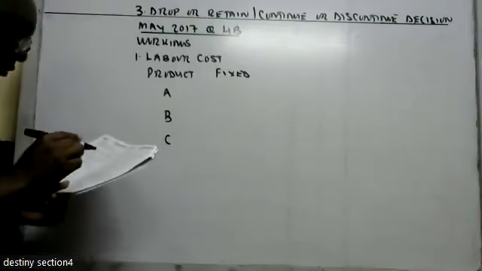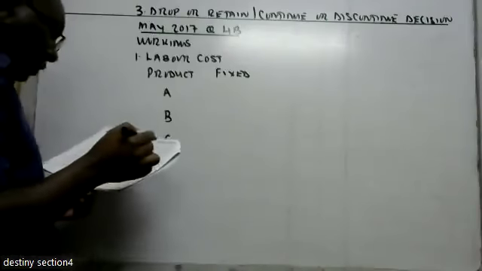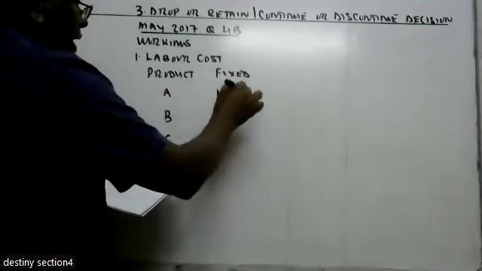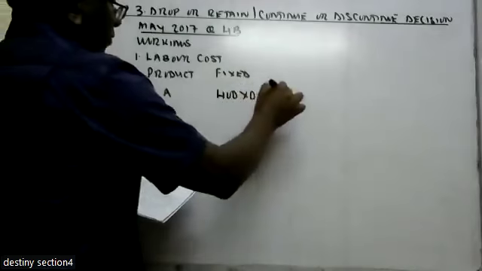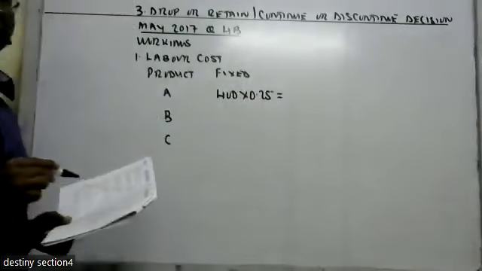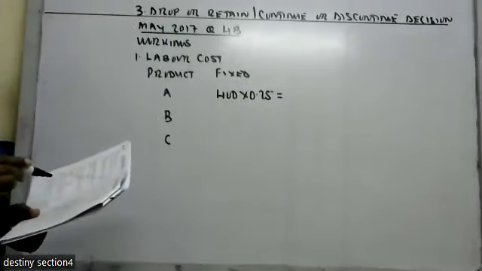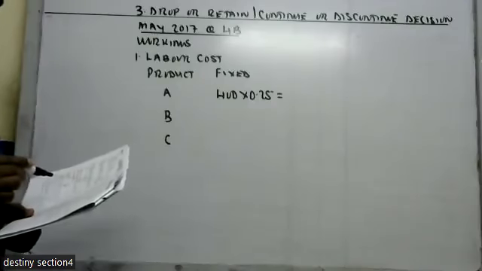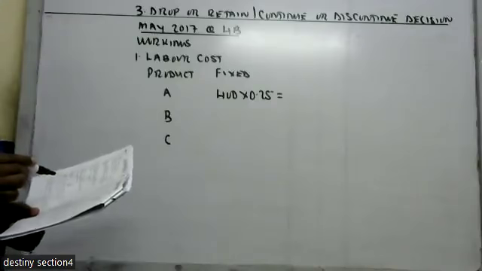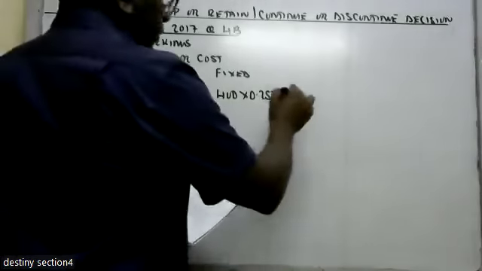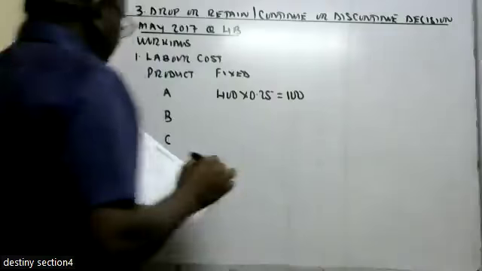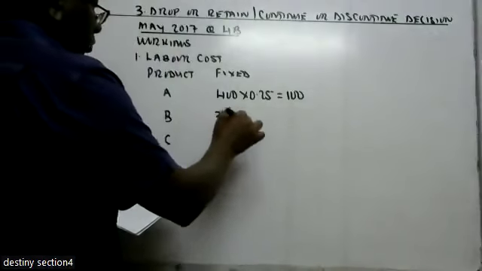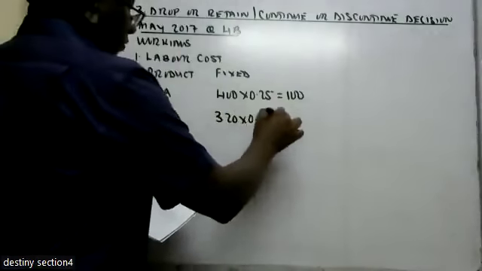So unarudi hapo juu unaangalia if our figures are in thousands. A iko na 400. So 400 times 0.25. B is 320 multiplied by 0.25.